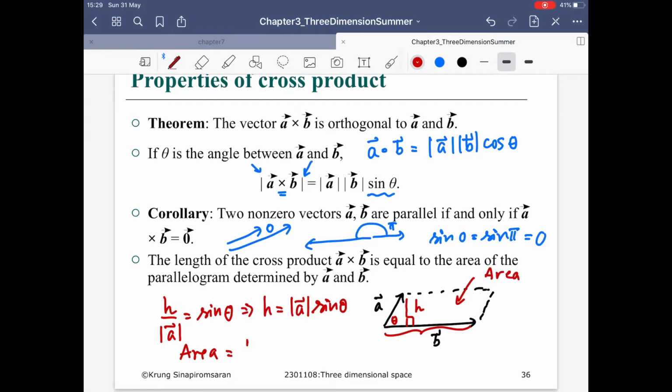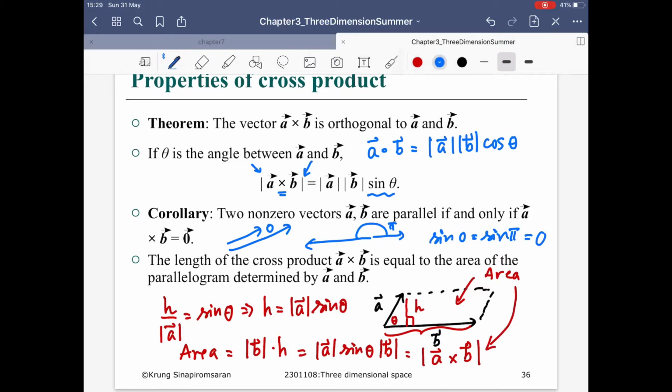It is the base multiplied by the height. So it is the length of A sine theta, multiplied by the length of B, which is the same as the magnitude of A cross B. So the area is the magnitude of A cross B.